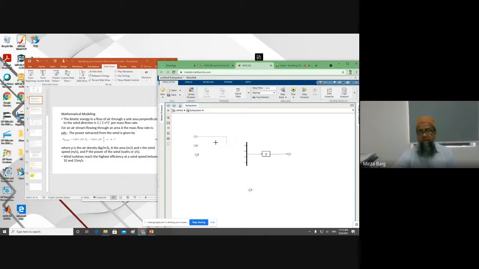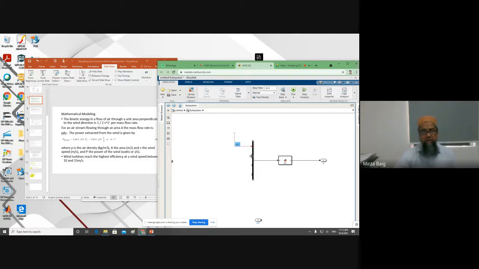Area could be calculated by the radius. So we need an area here. Let's say it's U1. This is U1.